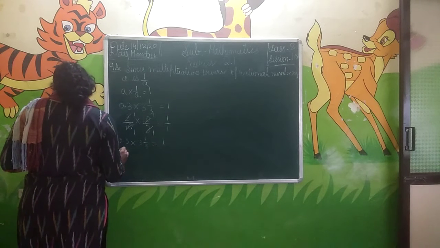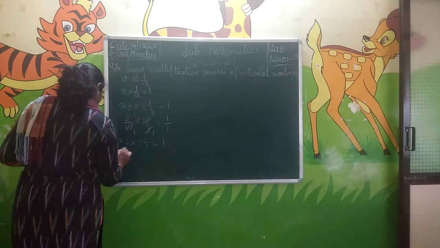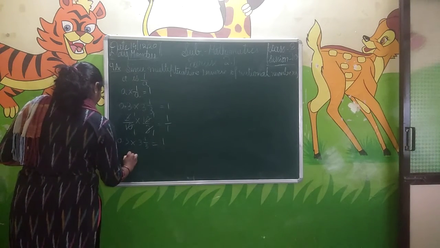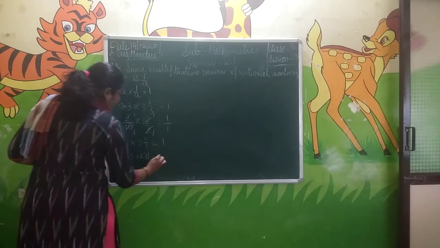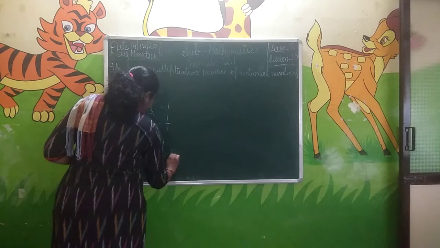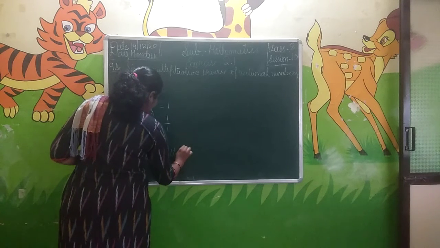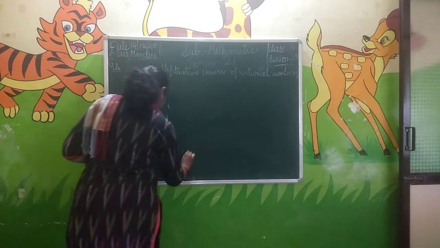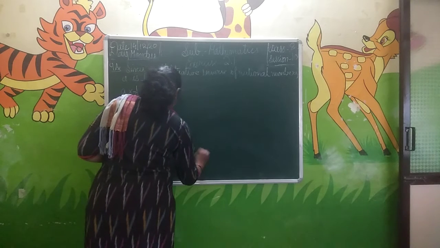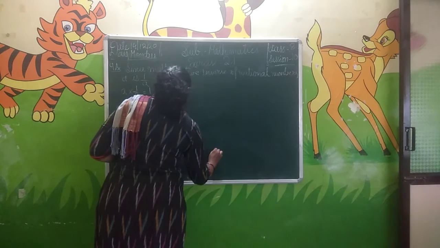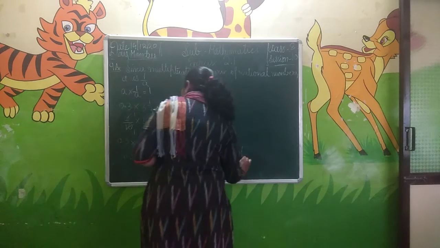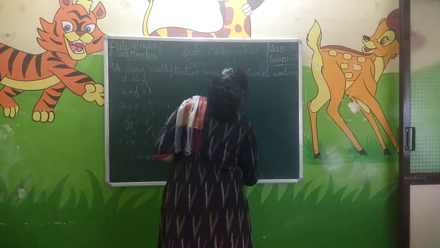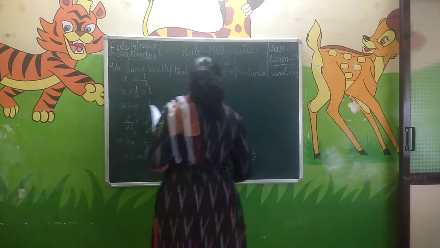We got the answer. Therefore 0.3 is the multiplicative inverse of 1 by 3. Got it, friends?